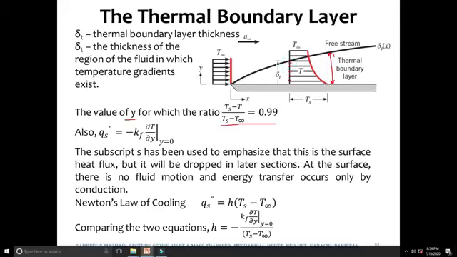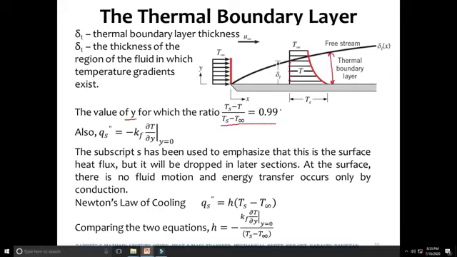As we move in the y direction away from the surface, T will keep on changing. If we move far away from this plate, closer to T infinity, then T becomes almost the same as T infinity, so this ratio will almost become equal to 1.